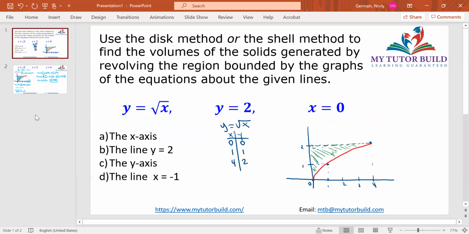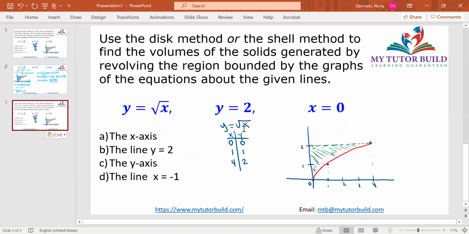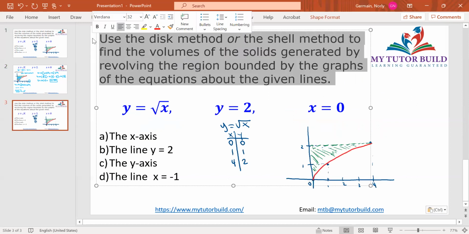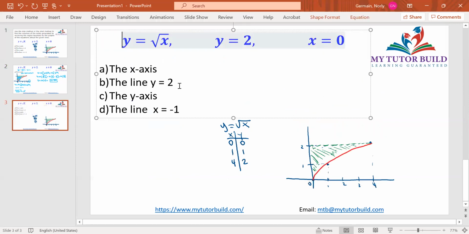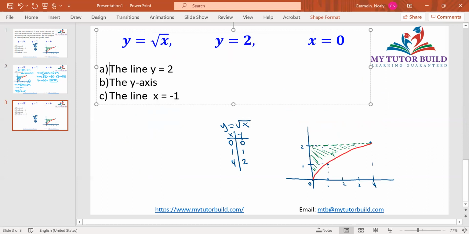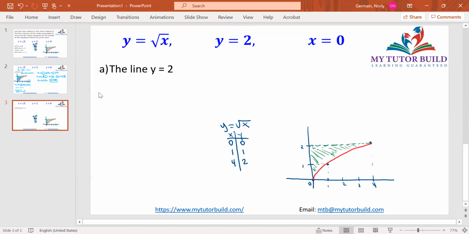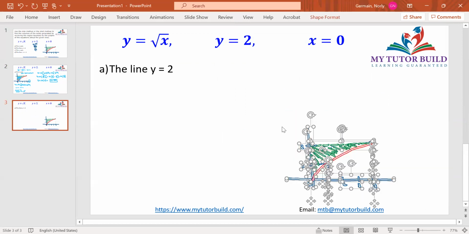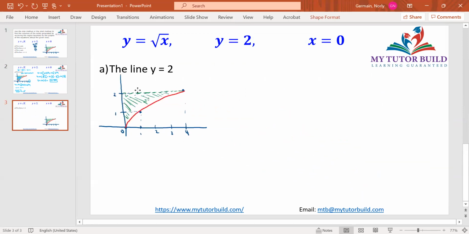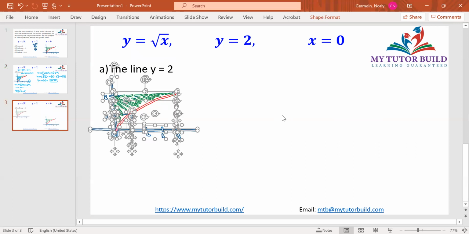If we answer the next questions in the problem, we're going to erase this to get more space. We're going to keep using the same graph, okay? If that's okay with you, I don't need to redraw it so the video won't be too long.